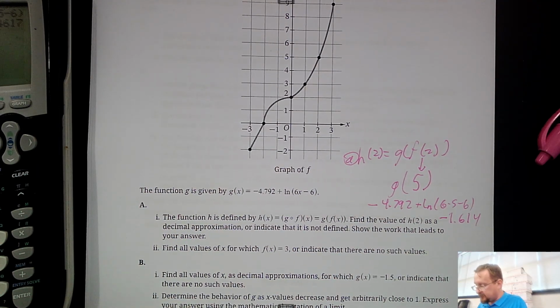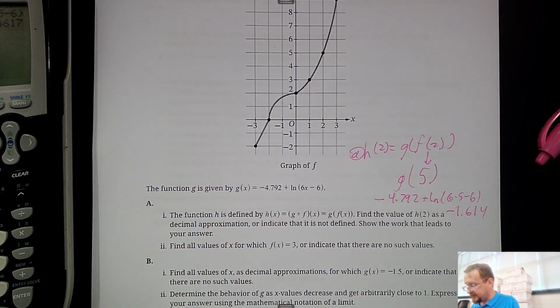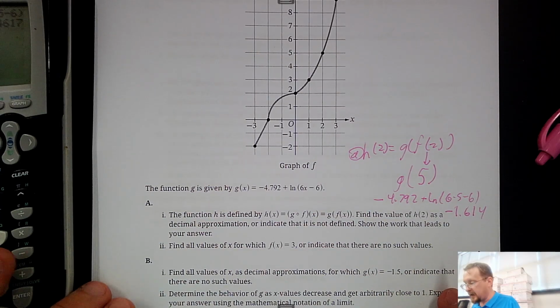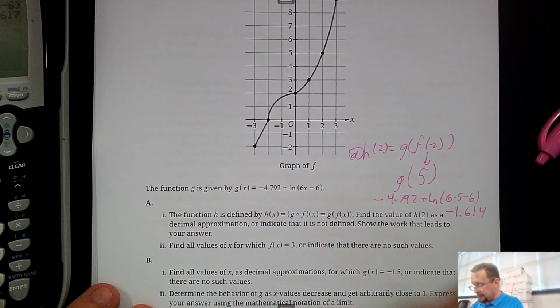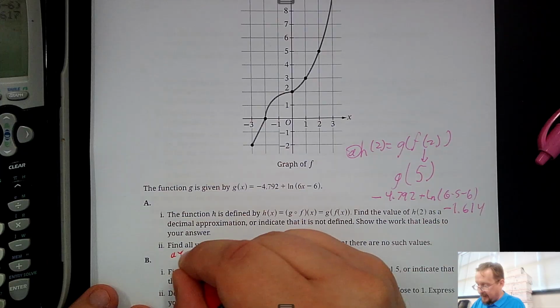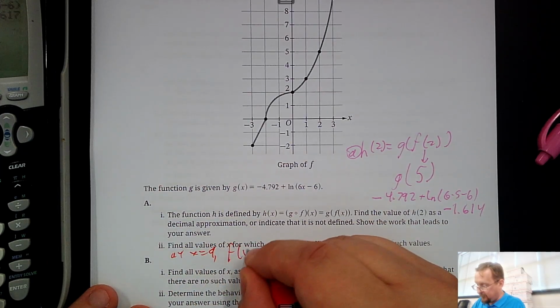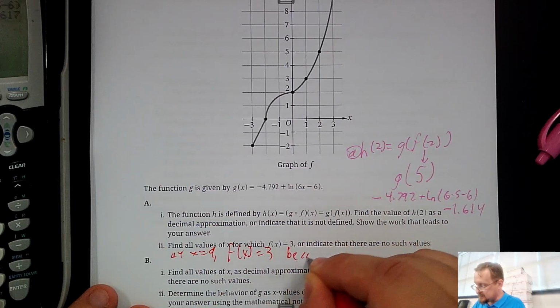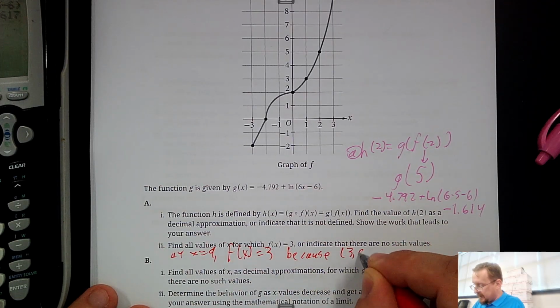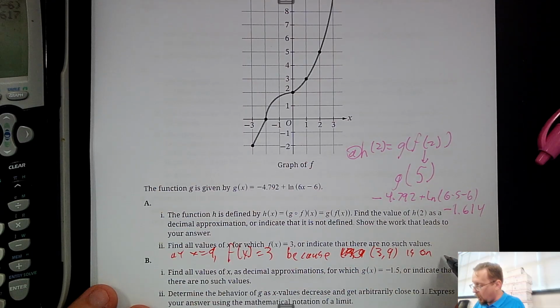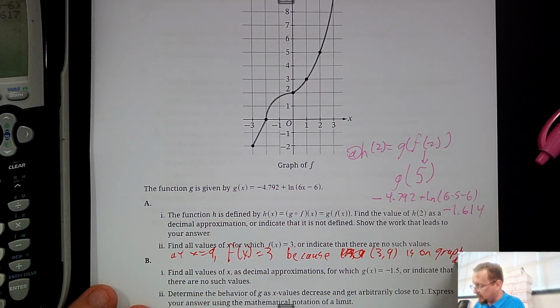Okay, find values of x for which f of x equals 3. Are you for real? Okay, at x equals 9, f of x equals 3 because 3 comma 9, sorry, 3 comma 9 is on the graph above.